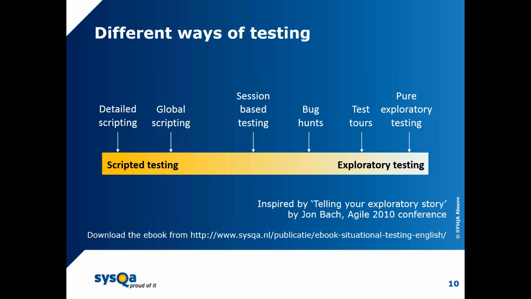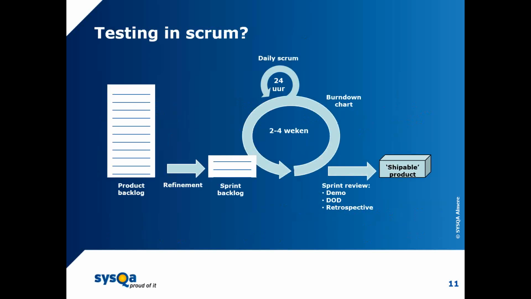Because we're quite familiar with them, me and some colleagues, and we know they work pretty well in different projects. But this is not the whole story. If you have other ways of testing, please let me know, and you can put your own ways of testing on this continuum.